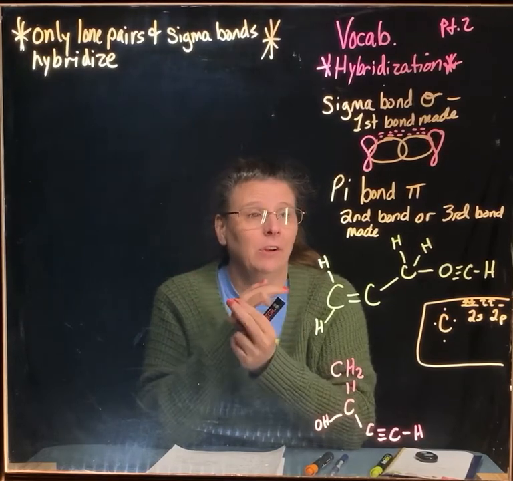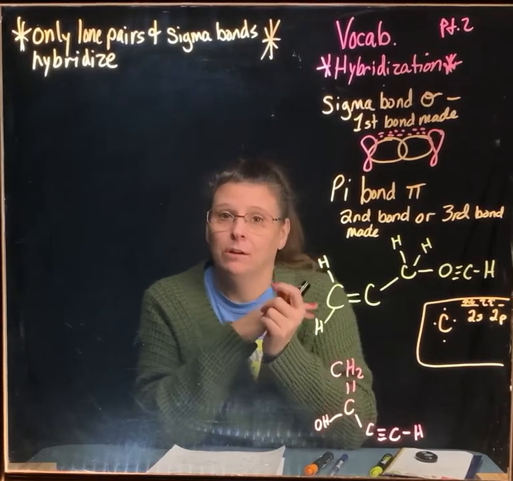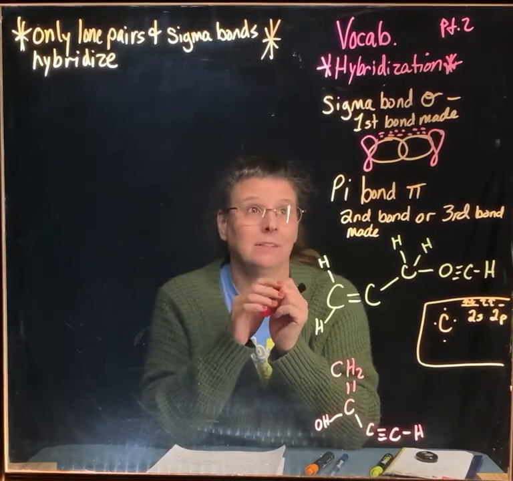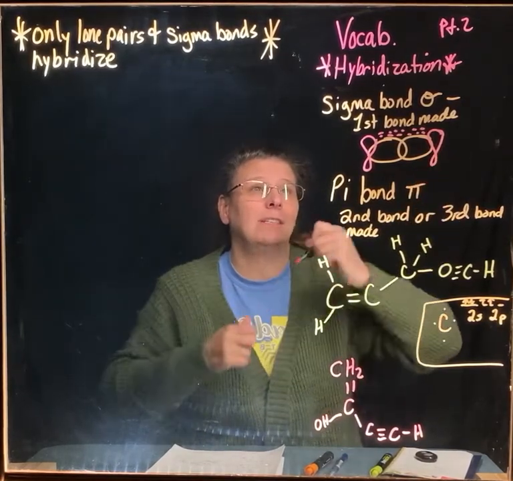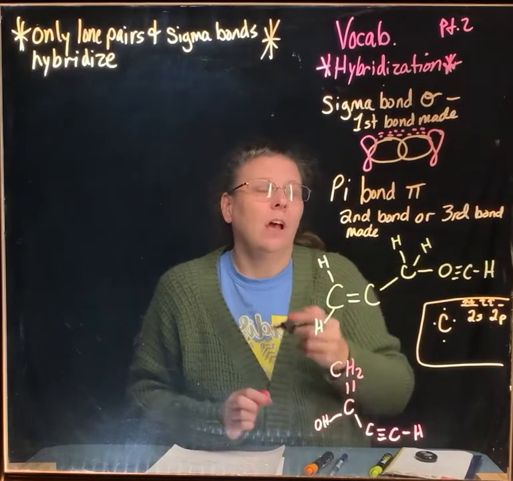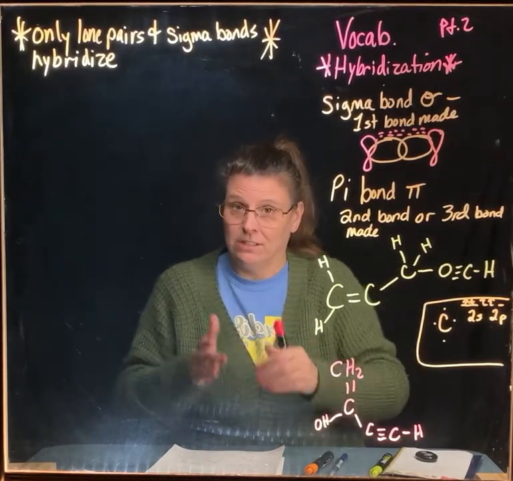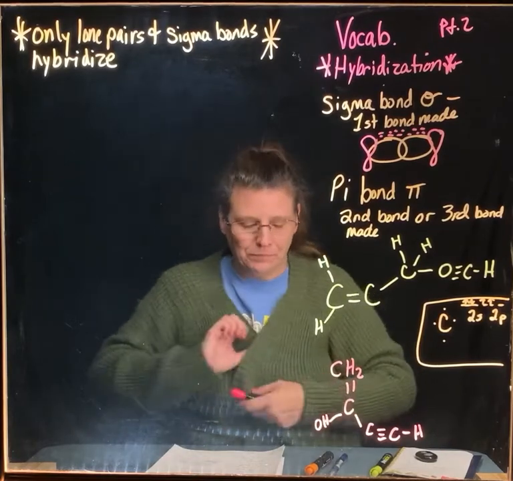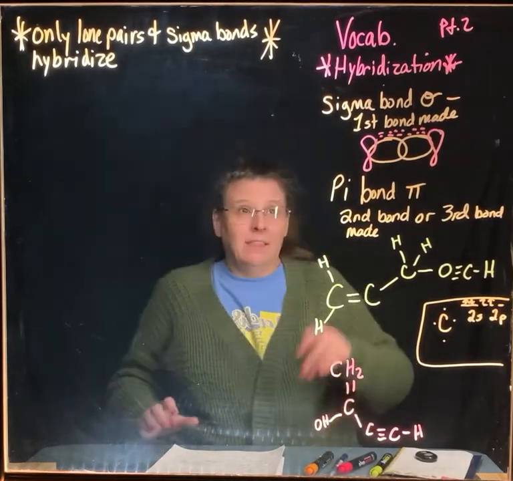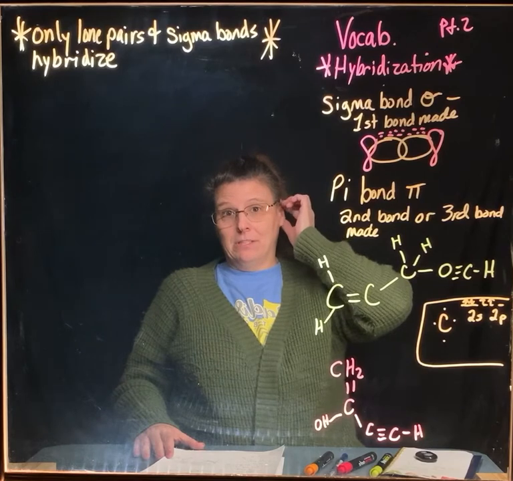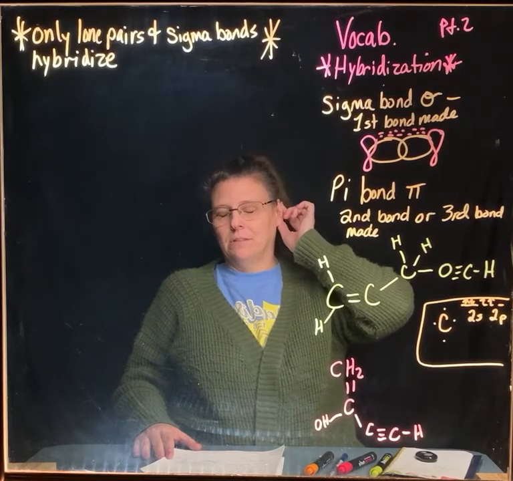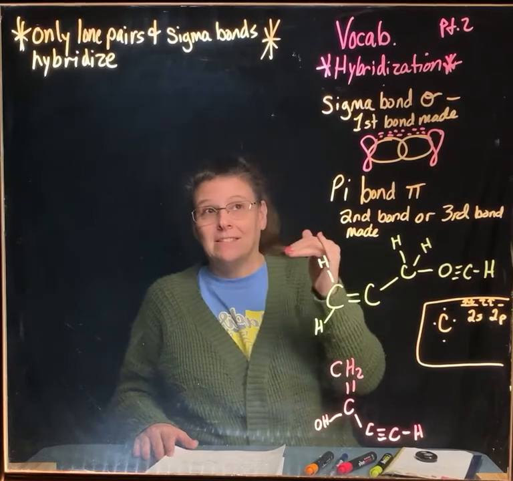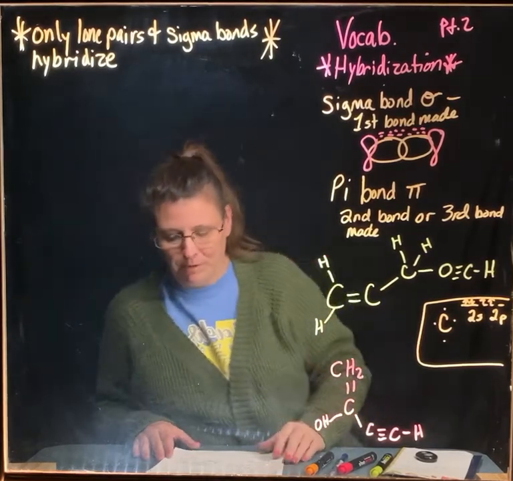Your second and third bonds are always made using a pi bond, so those are double and triple bonds. These are single bonds. Next to sigma, you can put single, but it's not always single. It's the first bond made in a double or triple bond also. So think of all single bonds as sigmas. Double and triple bonds have a sigma and then one or more pi bonds.